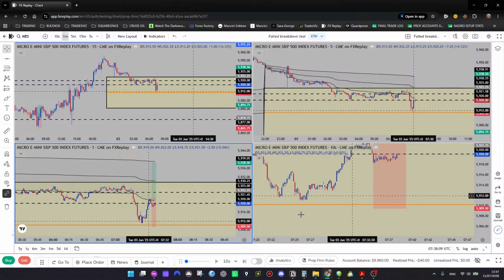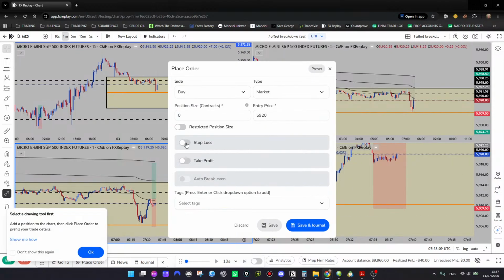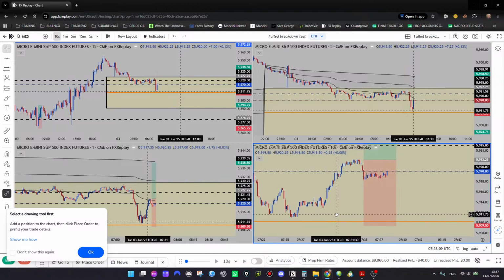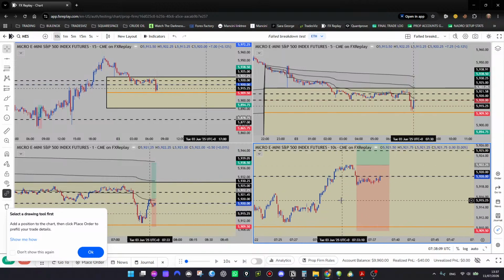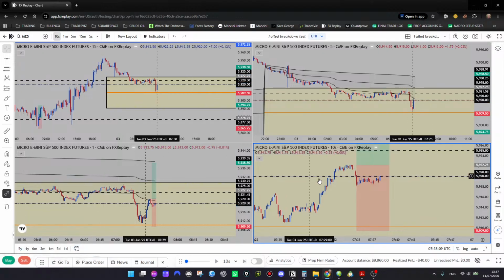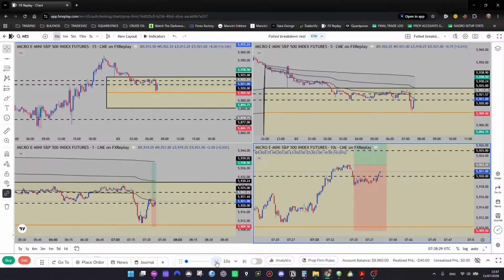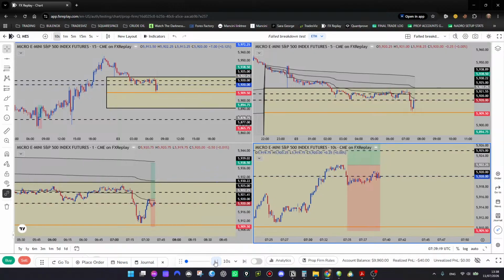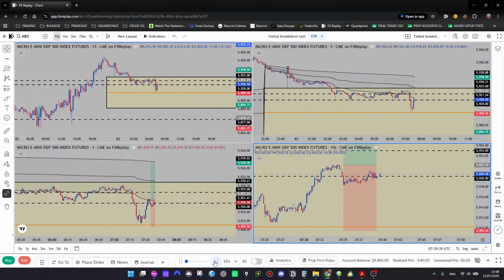Okay, and place order. No, not yet. It's gonna be waiting to see a reclaim. It's very, very weird. It tries to reclaim the DVA low.